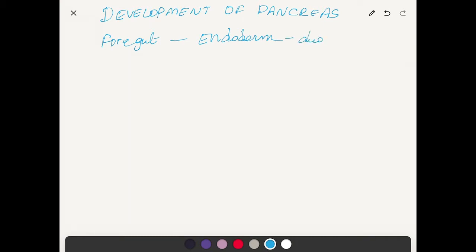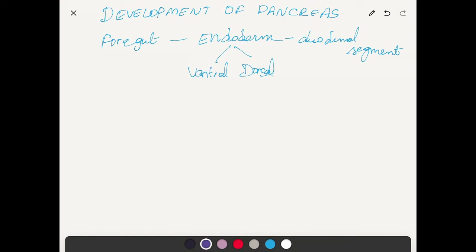From the duodenal segment of the foregut, it arises by two buds or two parts, ventral and dorsal. So there are two endodermal buds, ventral and dorsal, in the duodenum. How does this develop?